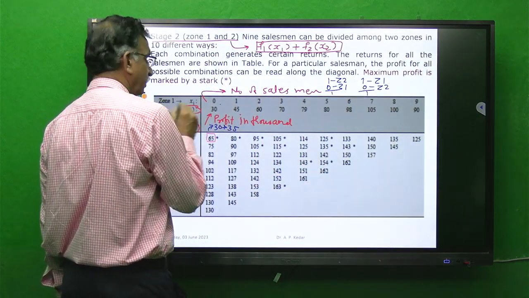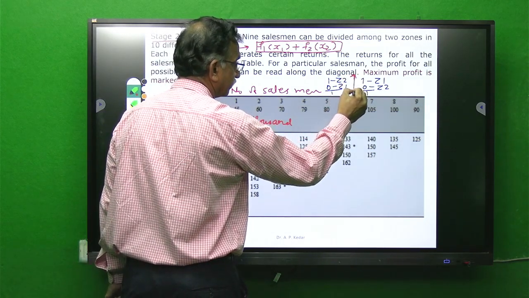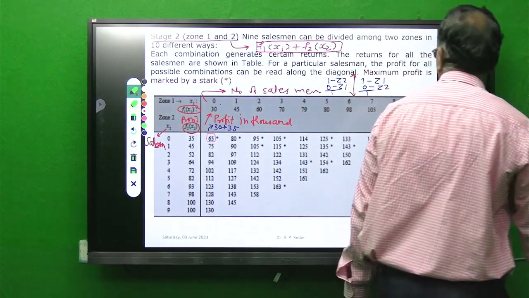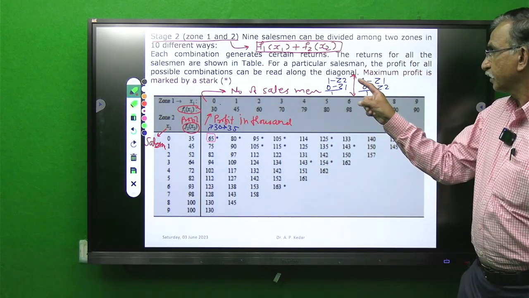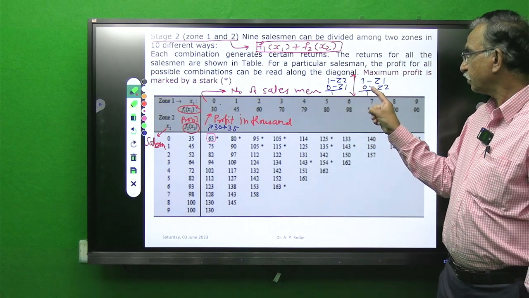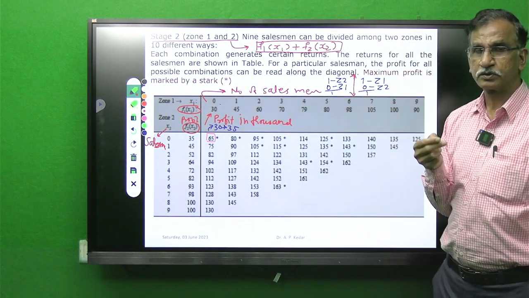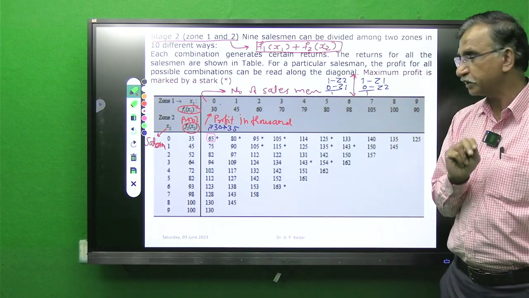Now what you have to understand, see, this is the differentiation wall I am putting in between. The combination is like this. For deputing one salesman, I have two options.